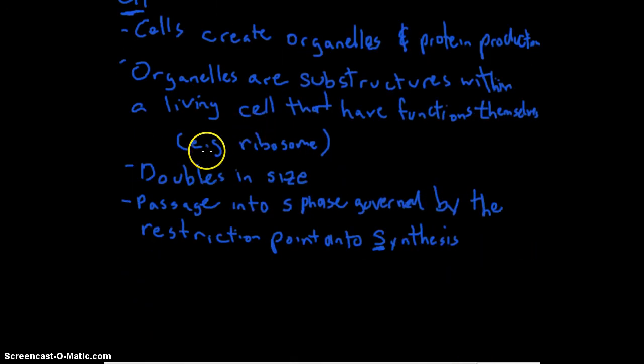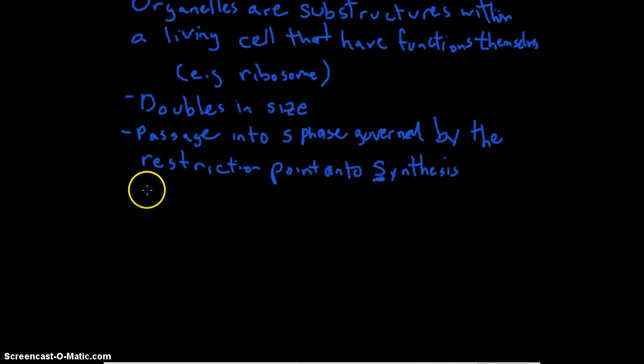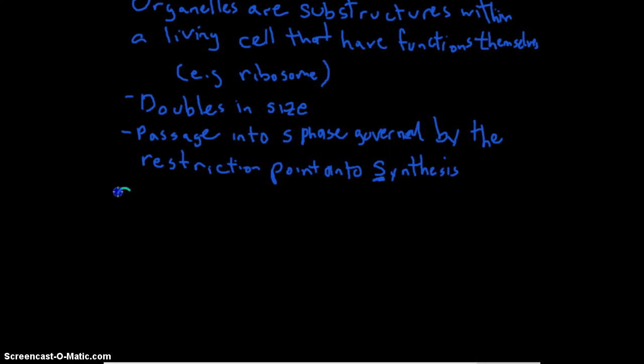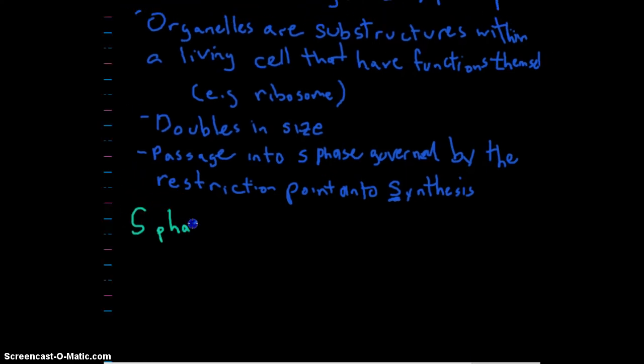So we've talked about G1. The next phase we're going to talk about is a phase called S phase. So what is S phase? Well, S phase, the S stands for synthesis. So what is being synthesized? Synthesis.